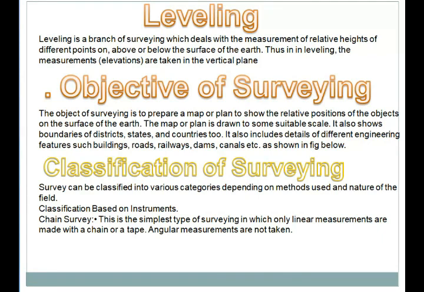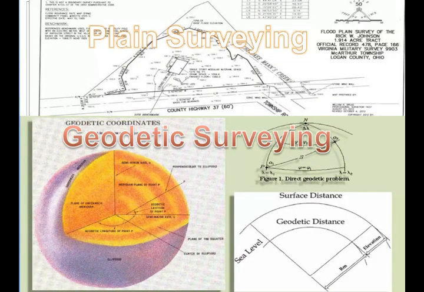We'll discuss a bit about geodetic surveying and plane surveying with the help of a diagram over here. As you can see, plane surveying is conducted on flat land, assuming the ground to be flat.